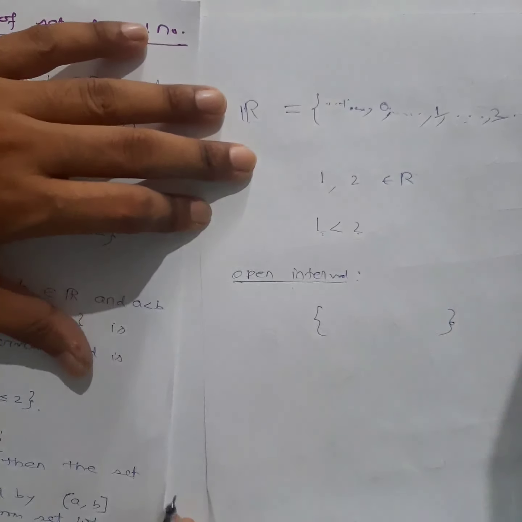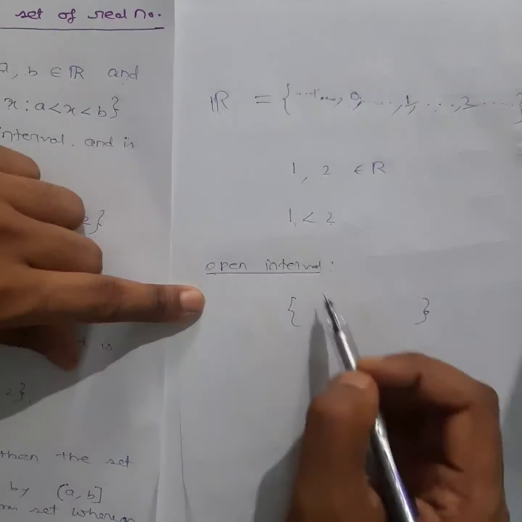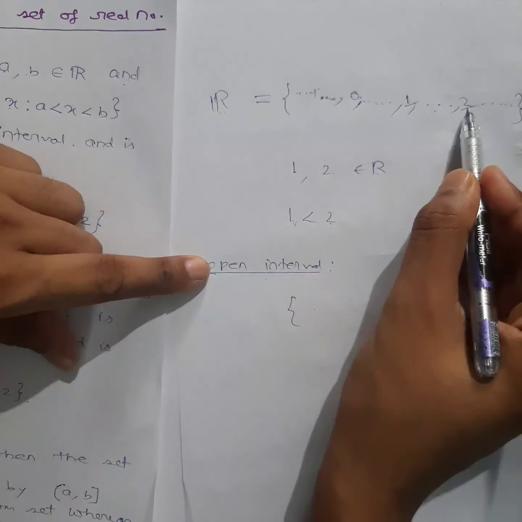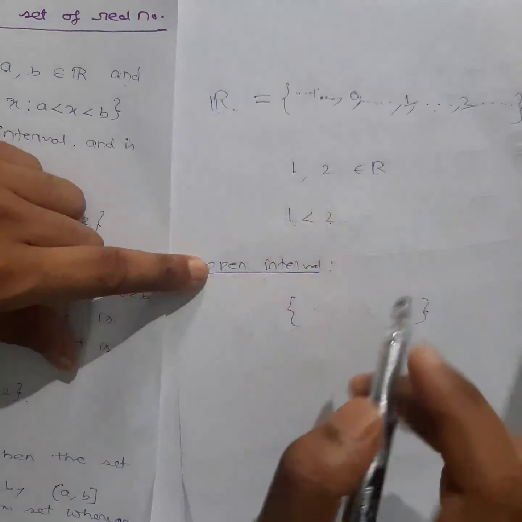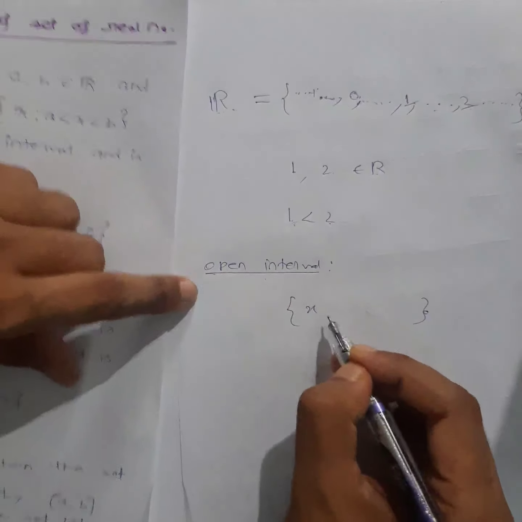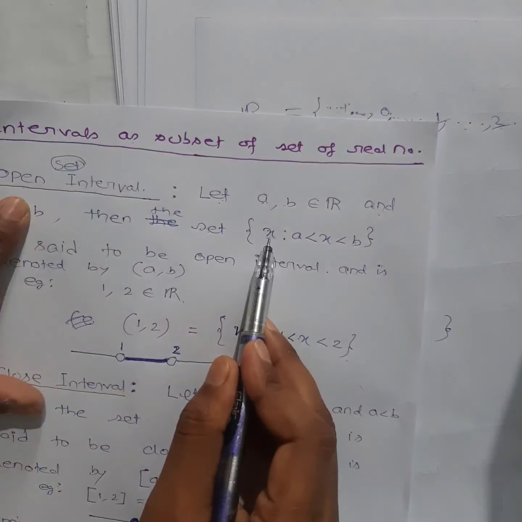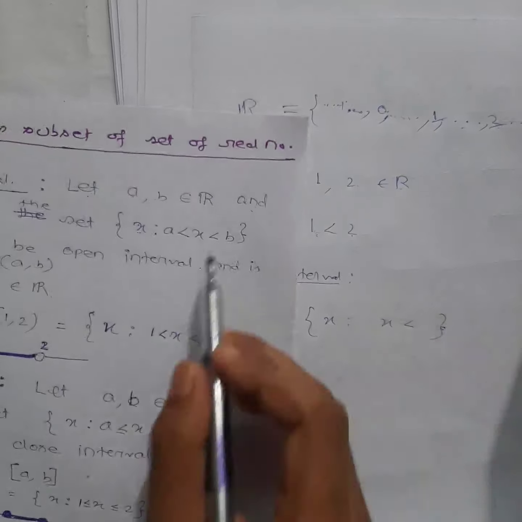A set is always written in curly brackets, right? Now what will be the element here? Now 1, 2 belong to R, we have taken, right? 1, 2 we have taken from the set of real numbers, and 1 is less than 2, you know that. Now it is given here, the open interval is a set where the element is x. Now what is x? x is less than b.